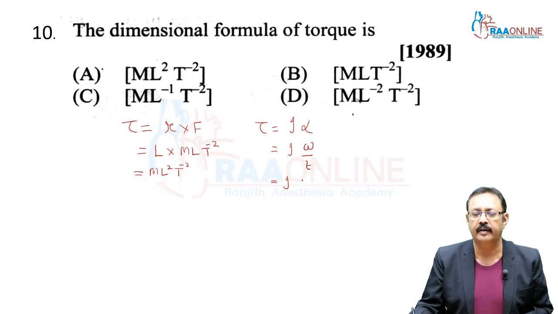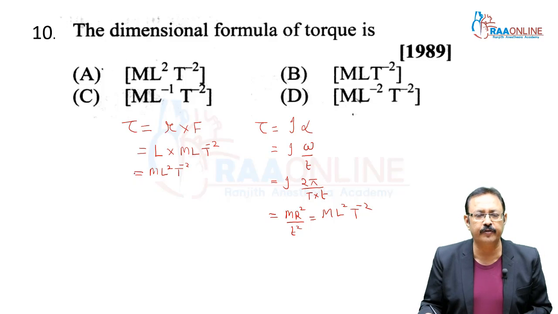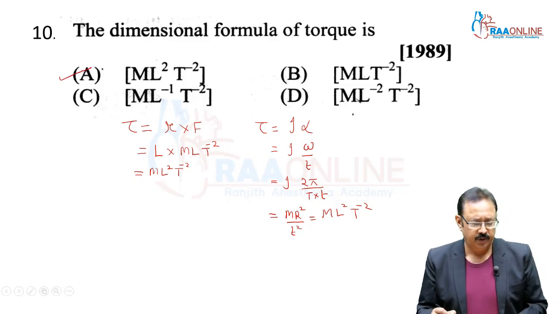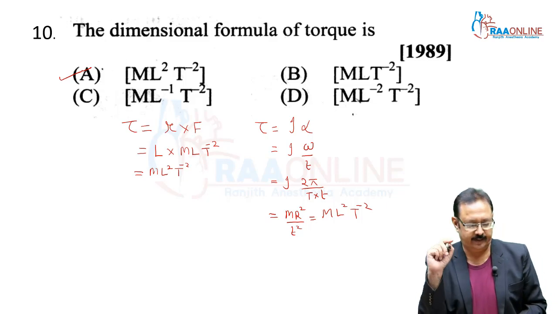What is omega? 2 pi by T. What are we getting? I is mr square. 2 pi has no dimension. Take this time multiplying twice. So M L2 T minus 2. So from any formula you can get M L2 T minus 2. So it was easy. Only remember one relation in which you saw this physical quantity.